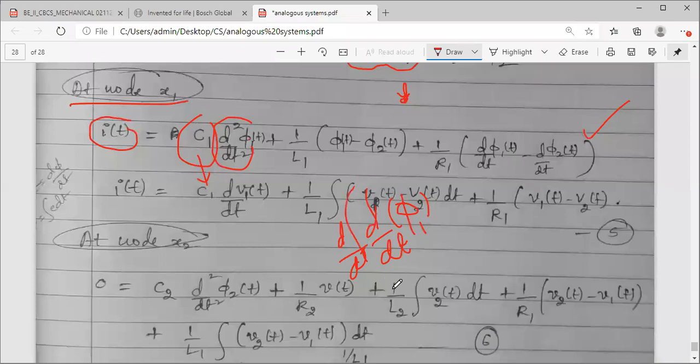Okay, so what is d phi by dt? You know what is d phi by dt? I think it is hidden. E is equal to d phi by dt. So you can replace this with E or EMF or voltage. So as it is phi1, let me take V1. Similarly, 1 by L1, phi1 and phi2 are what? Integration of E dt from this equation only.